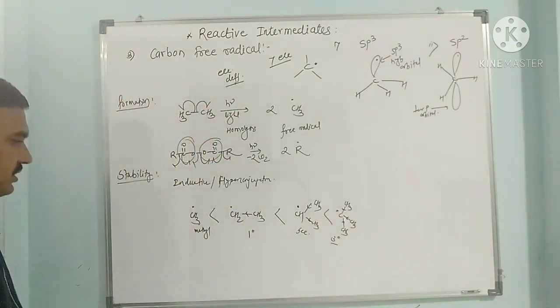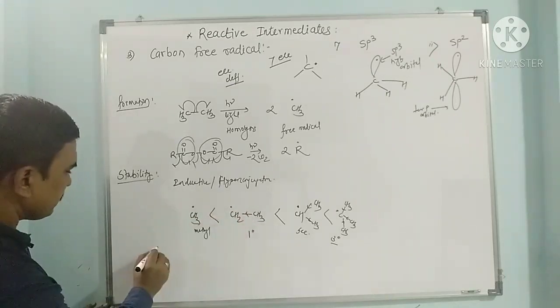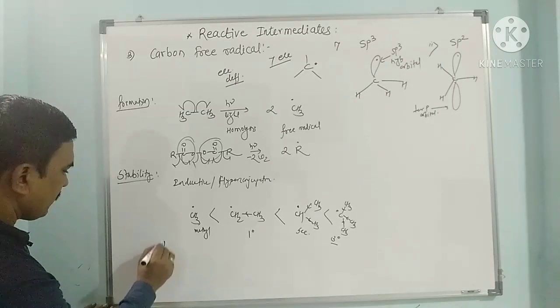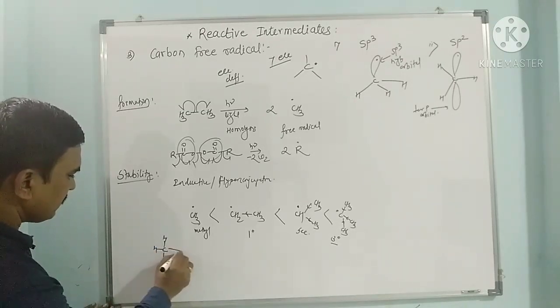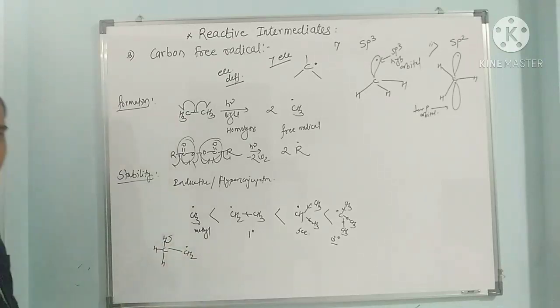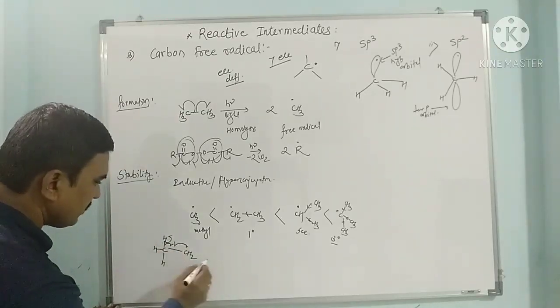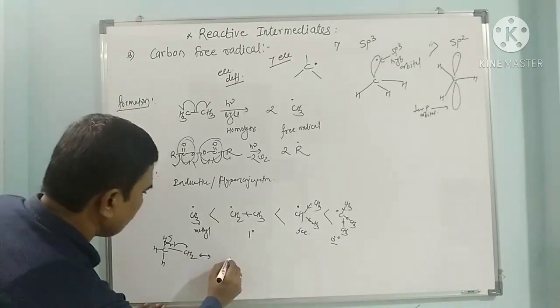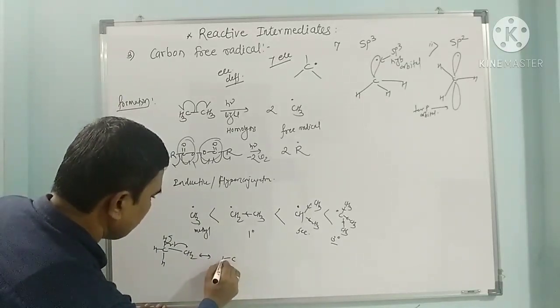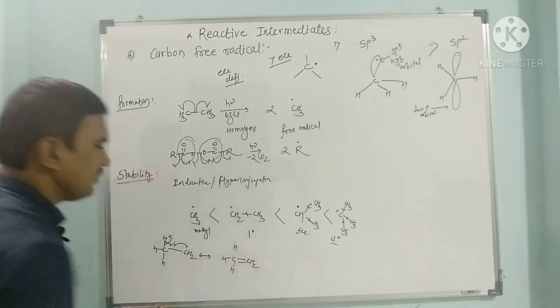And see how hyperconjugation stabilizes this. In this example, there is a CH2 with a radical. One electron goes to form a hydrogen radical and the other forms a double bond, giving CH=CH2 and an H radical.